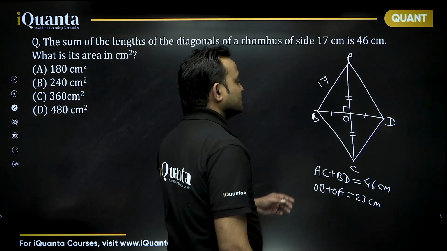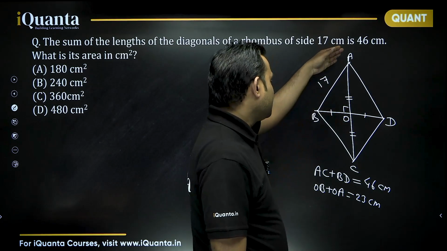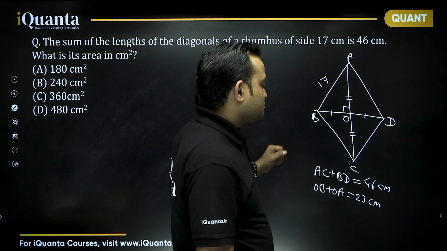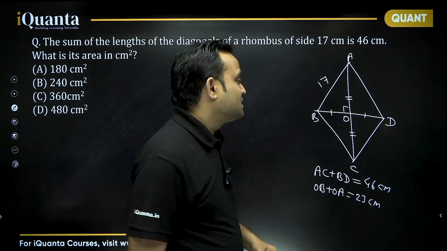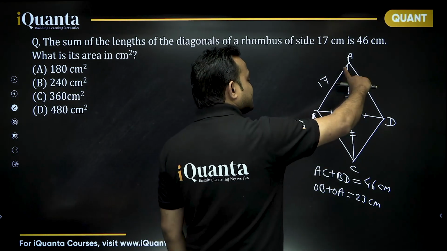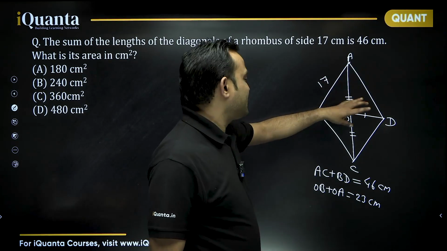Now think about this. Sum of these two sides is 23. This is 17. So using Pythagoras theorem, if you are good with triplets, you will say that OB is 8, AB is 15, or vice versa, that OA is 8 and OB is 15.